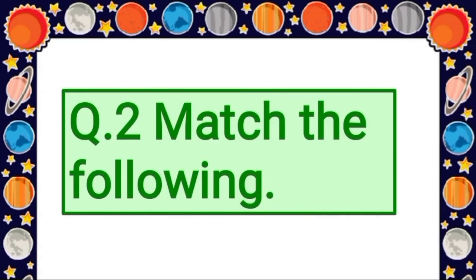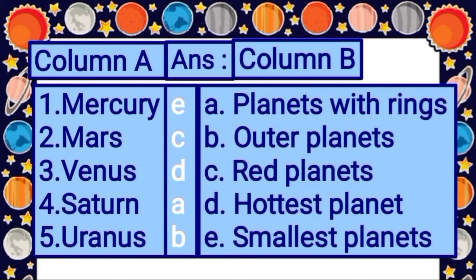Now let's solve question 2. Match the following. Now first question from column A, Mercury. So as you know, Mercury is the closest planet to the Sun and also the smallest planet in the solar system. So answer is option E, smallest planet.